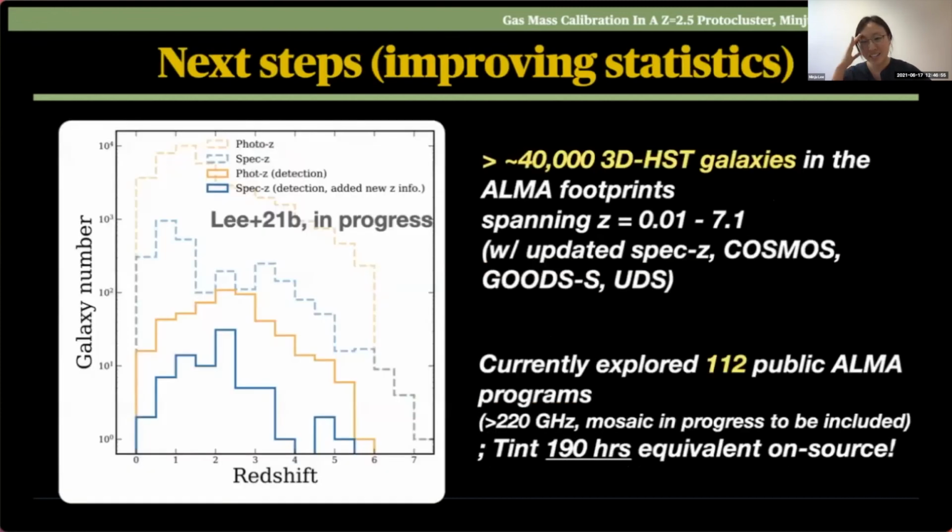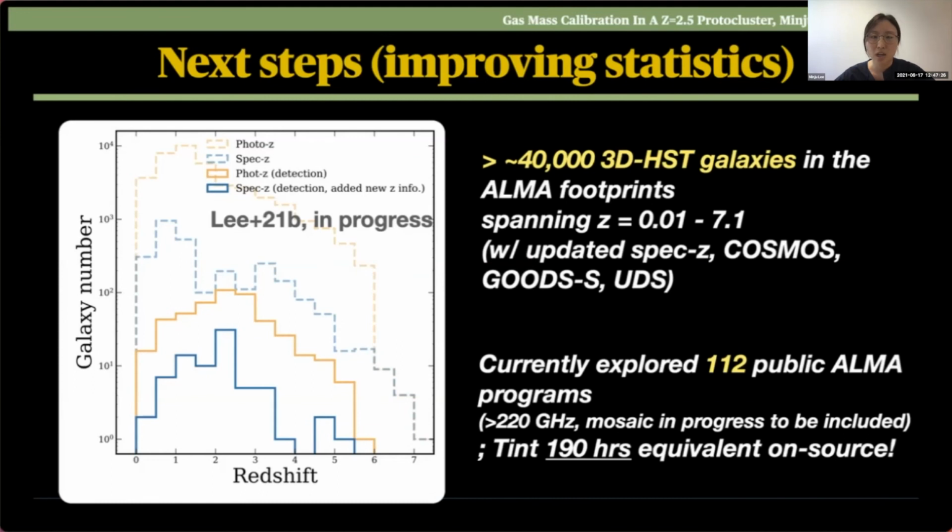So finally, this brings me to the last 2 slides, an introduction of the ongoing effort to use the ALMA archive. I'm trying to improve the statistics by using dust continuum, because the learning from the previous study is that dust seems to be really efficient and quite a good gas tracer to measure the gas content of galaxies in different environments.